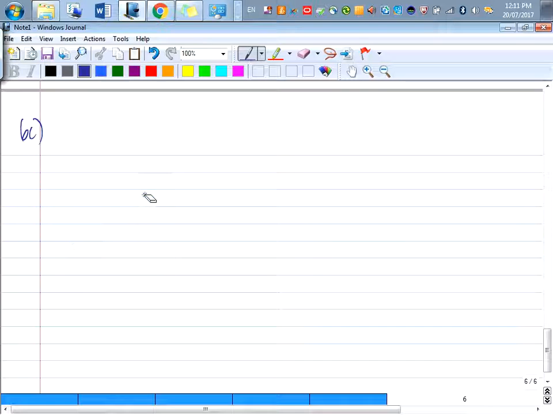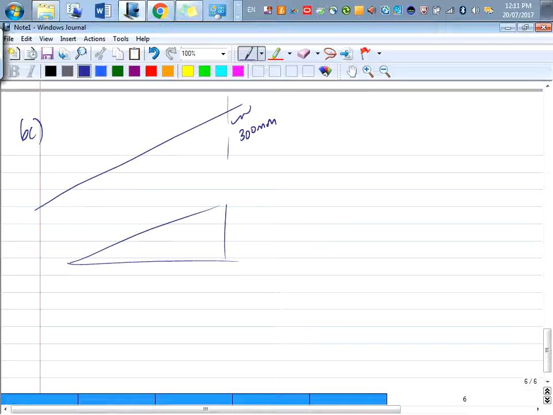Okay. Part 6, question 6. This is a ramp, and then you are told that the ramp extends 300 millimeters on both sides.